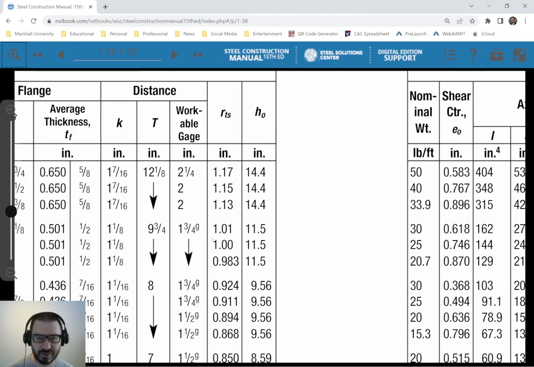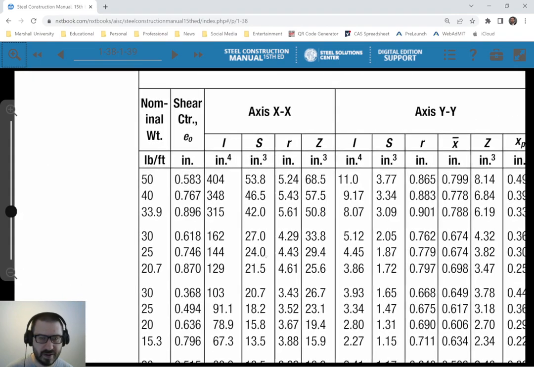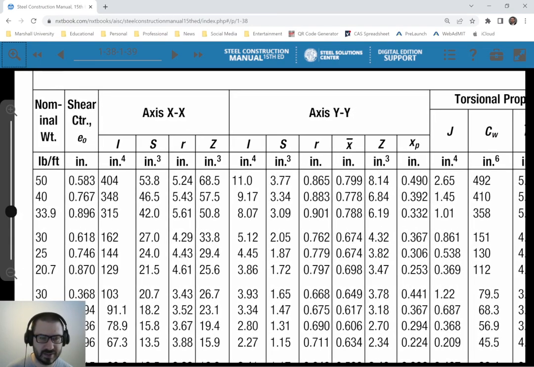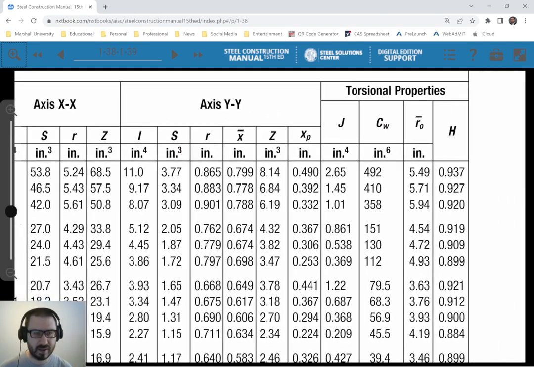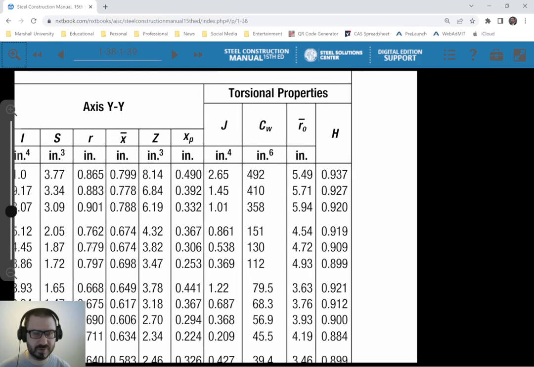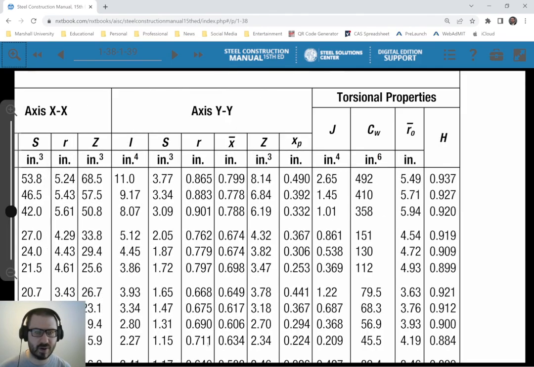So we're going to go to the 30. Here's the line 30. You can see we're on the row that's right on the top of my camera. So we go to X bar, and X bar is 0.649. Okay, 0.649.